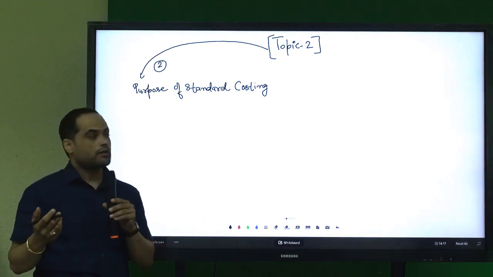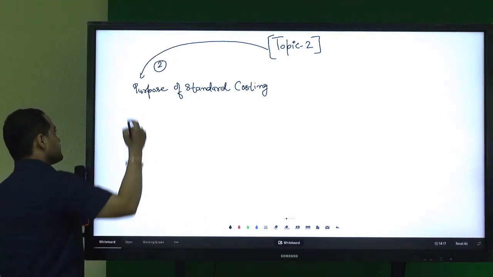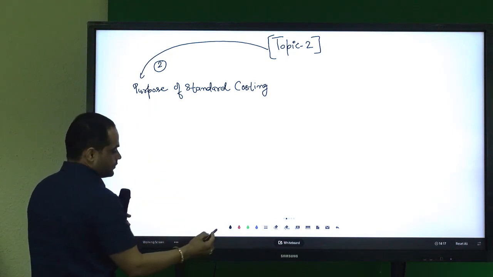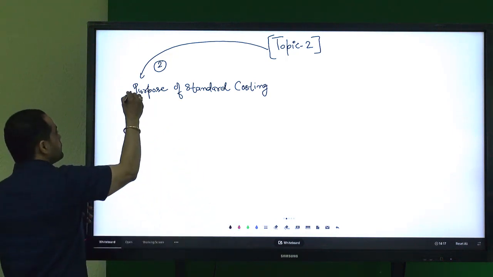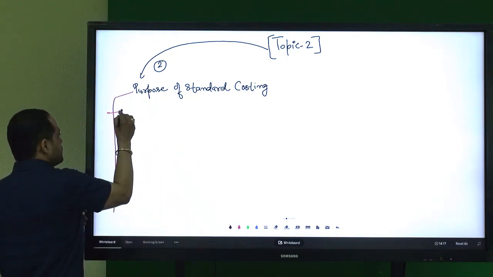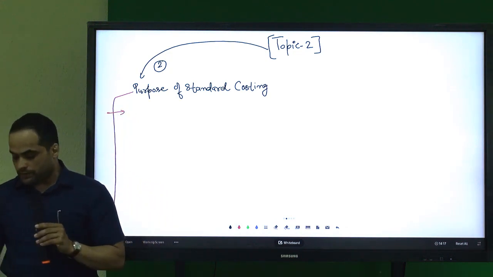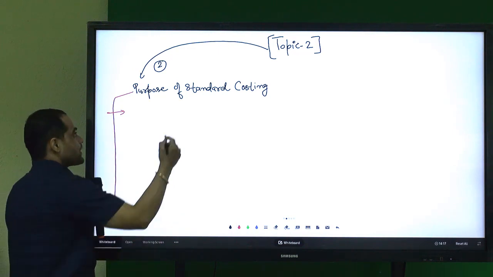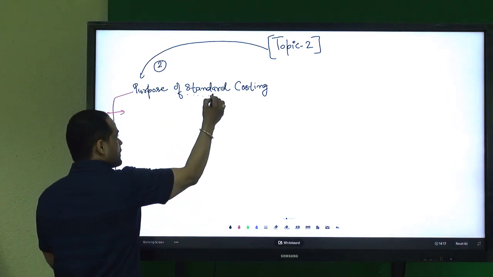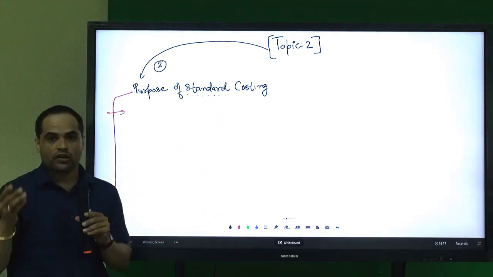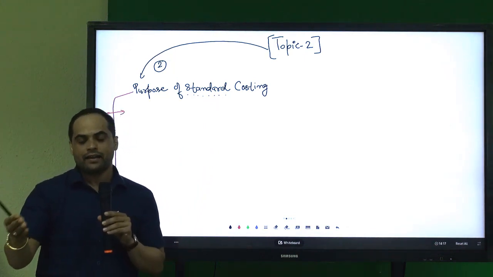The purpose of standard costing. So first thing, as you know, standard costing is a predetermination, a forecasting, a planning.